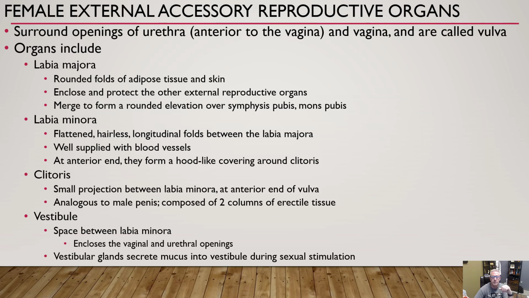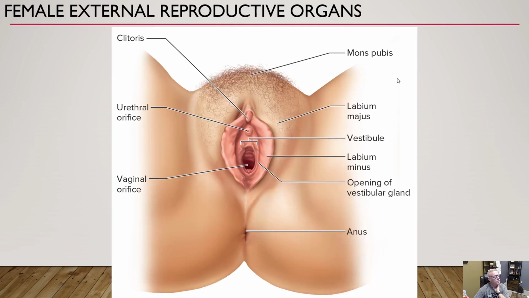The clitoris is analogous to the male penis. It's the sexual arousal portion of the female. It has 2 columns of erectile tissue. And then there's the vestibule, which is a space between the labia minora, and it encloses the vaginal and urethral openings.